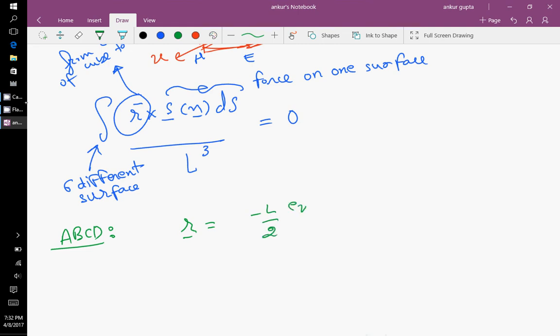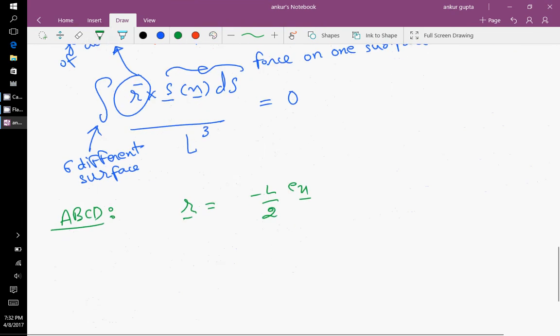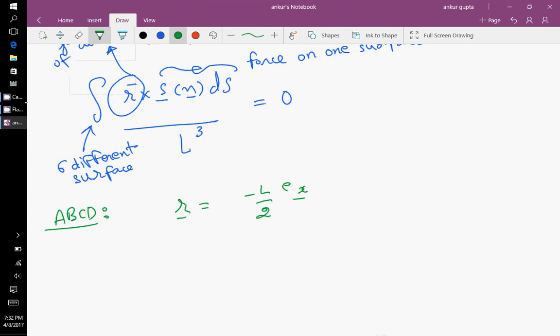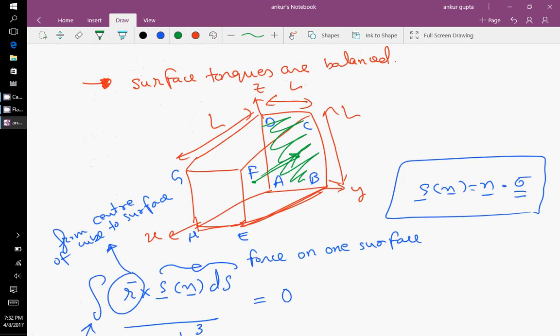So this will become minus L by 2 ex, because this is going in the negative x direction. The n vector is the vector pointing into the fluid, but here the fluid element which is applying torque is not this fluid element but the outer fluid. So the normal to the surface pointing into the fluid is the outer system, because we are calculating torque on this fluid. So n will be away from the surface, pointing into the outer fluid, so n will also be minus ex.